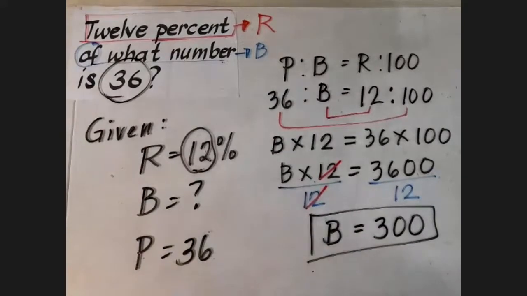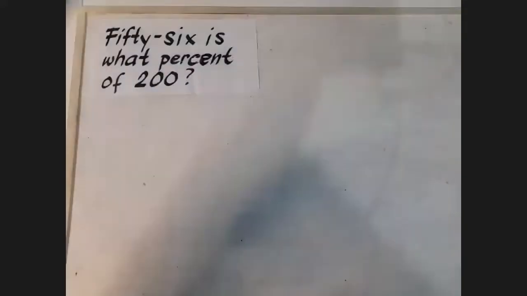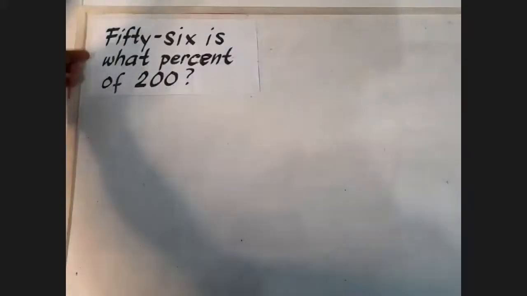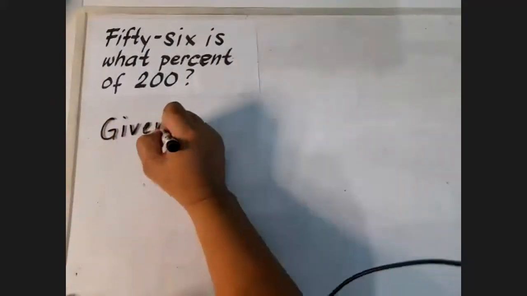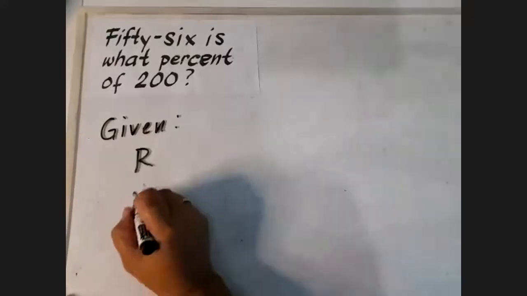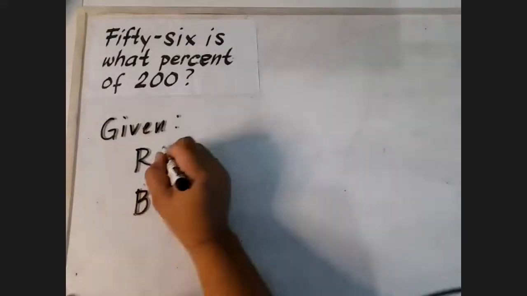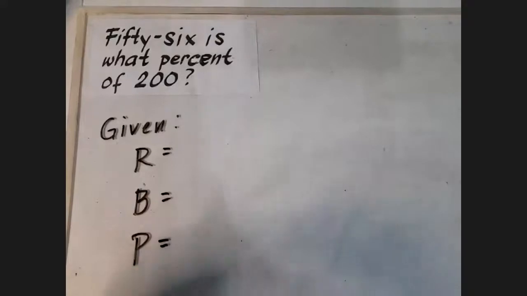Let's move on to problem number 3. Okay. Problem number 3 says 56 is what percent of 200? Again, we start off by writing down the given rate, base, and percentage. Okay?